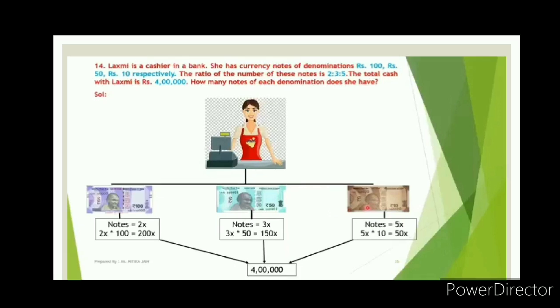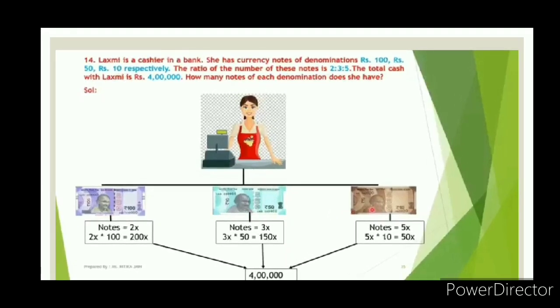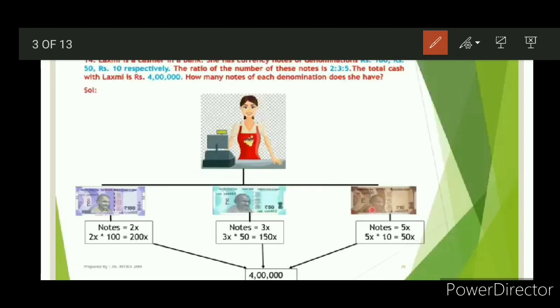See children, now you will have some idea about this question. It is a 100 rupee note, and it is a 50 rupee note and it is a 10 rupee note. Am I correct? Here the ratios are given, 2:3:5.